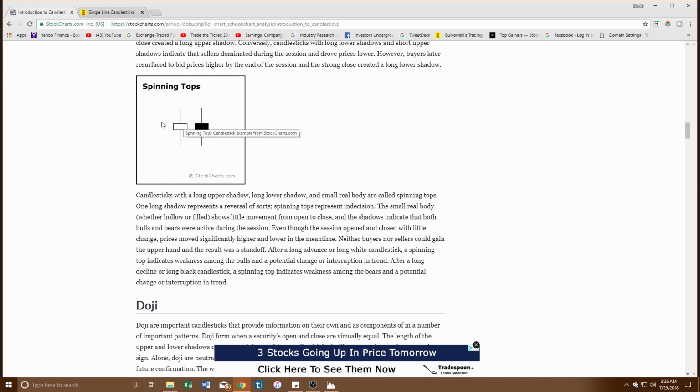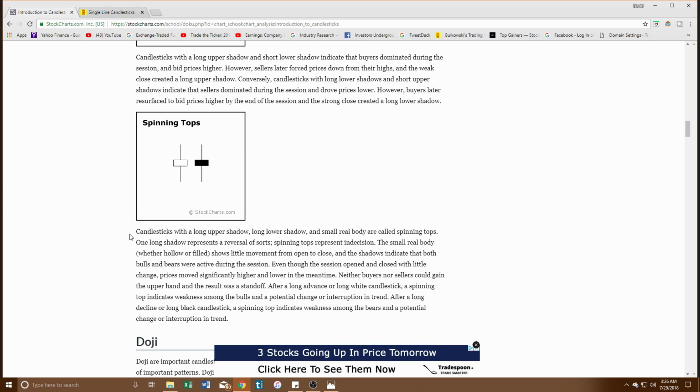The body is right in the middle and you have an even length upper shadow and lower shadow. And sometimes the lower shadow can be very, very long, or the upper shadow can be very, very long. So candlesticks with a long upper shadow, long lower shadow, and small real body are called spinning tops.